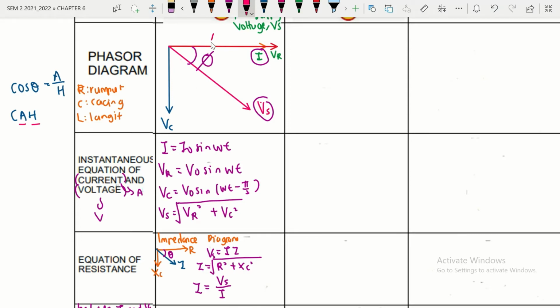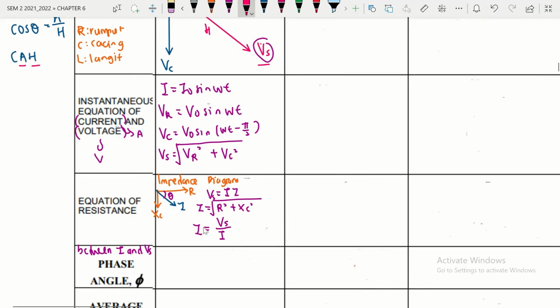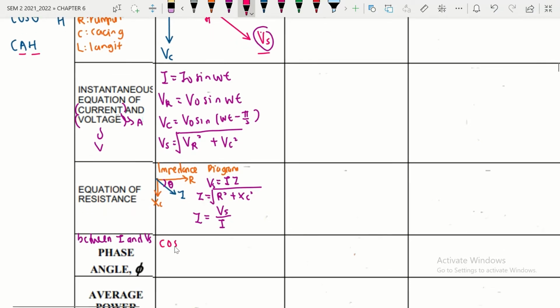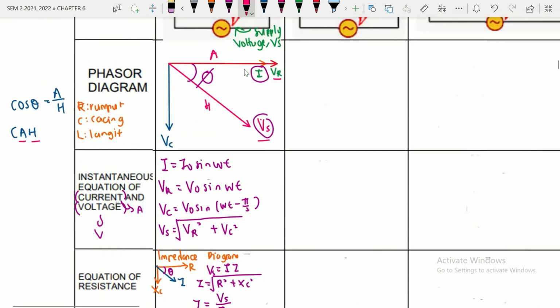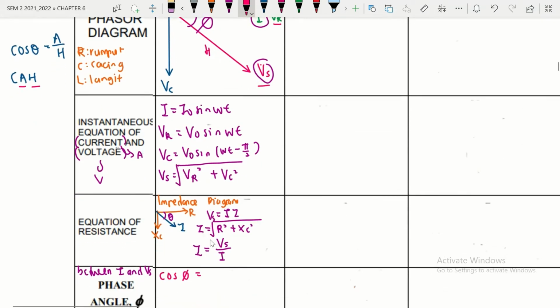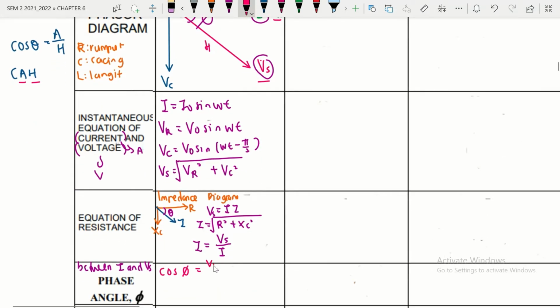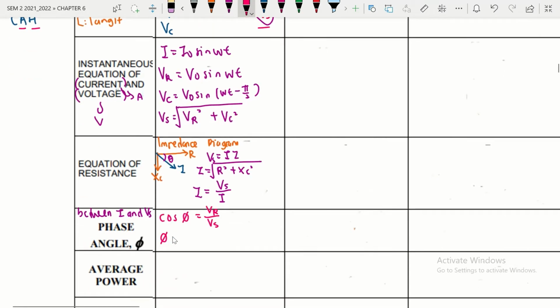Where is the adjacent? This is the adjacent, and the hypotenuse is here. So the adjacent is VR and the hypotenuse is the supplied voltage. So your phase angle: cos phi equals adjacent, which is VR over VS, meaning voltage across resistor divided by supplied voltage. So you get phase angle equals to shift cos VR over VS.